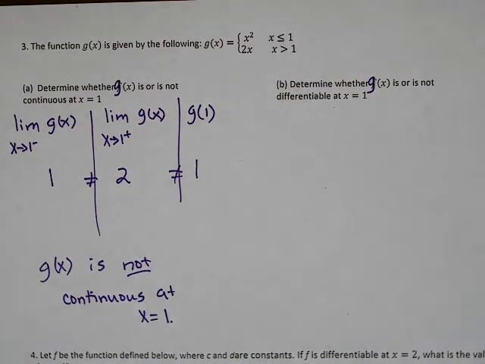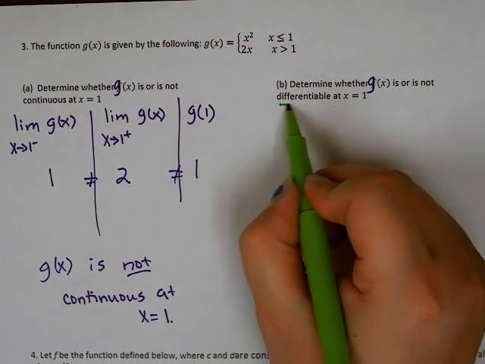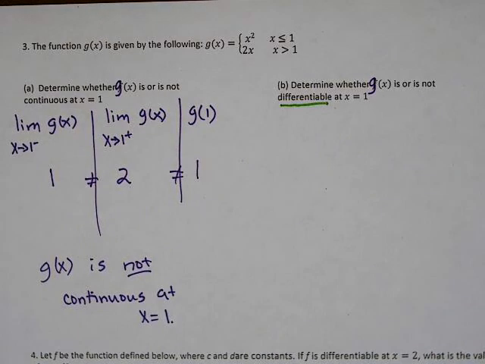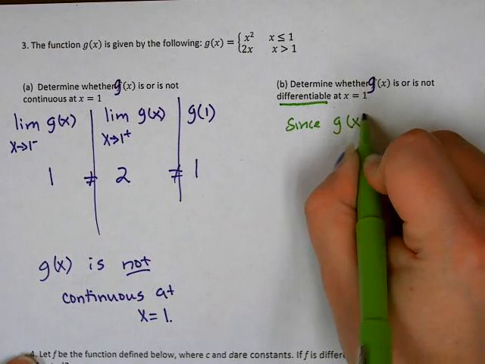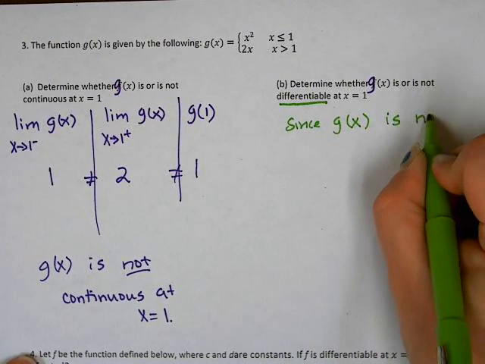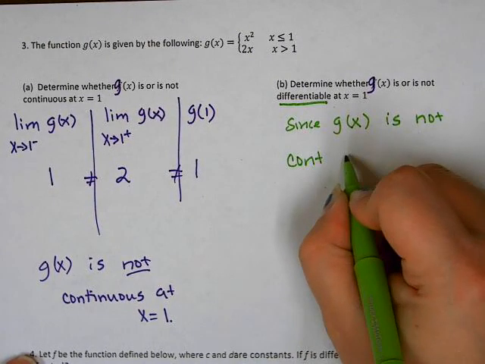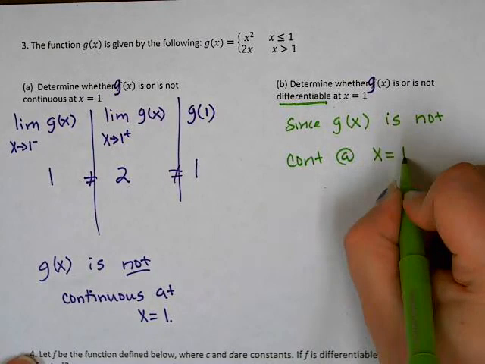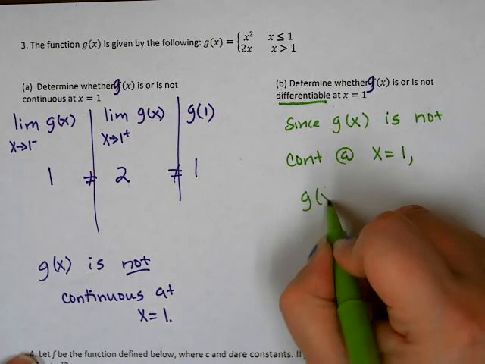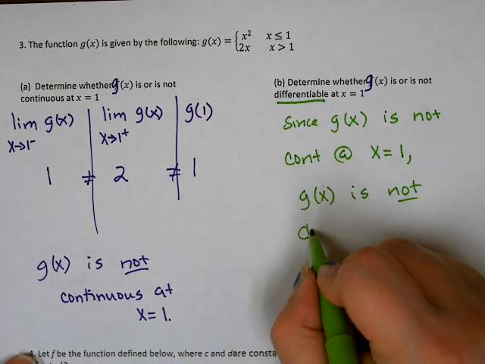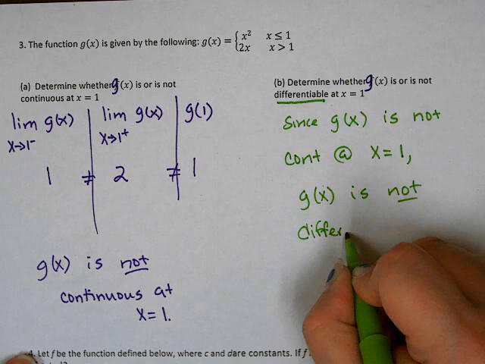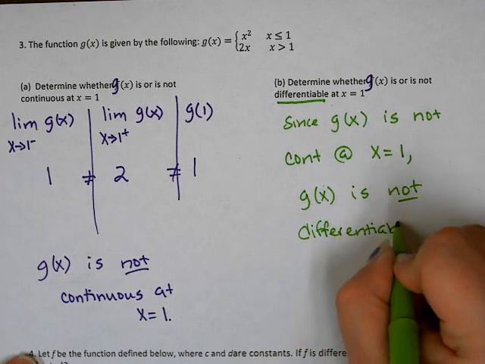The next question asks if it is differentiable at x equals 1. Well, in order for a function to be differentiable, it has to be continuous. So since we already decided that g of x is not continuous at x equals 1, g of x is not differentiable at x equals 1.